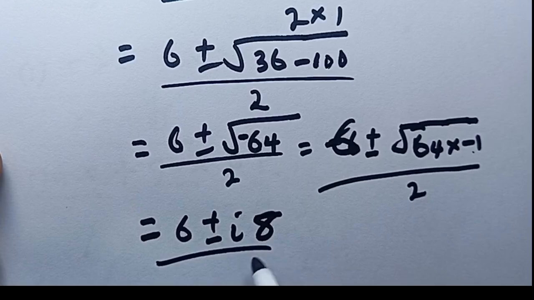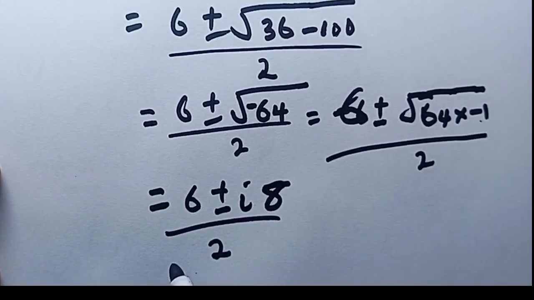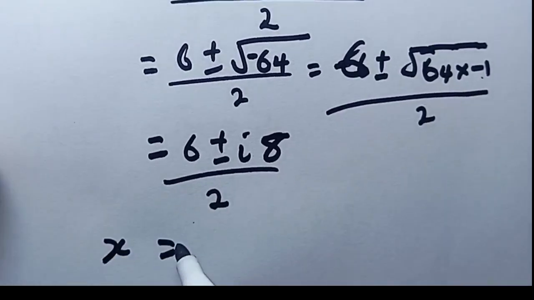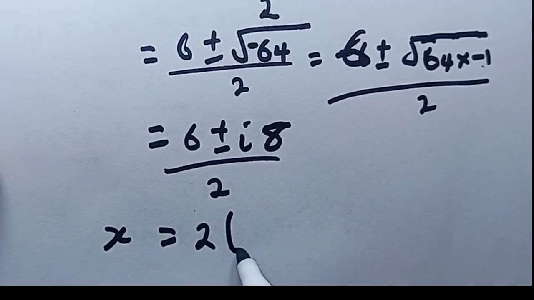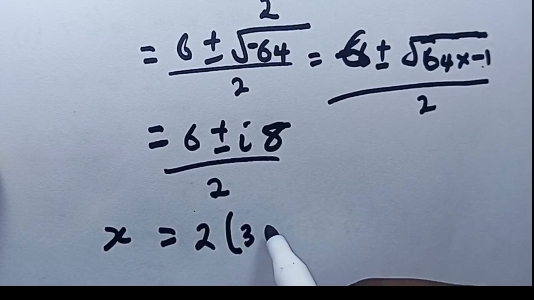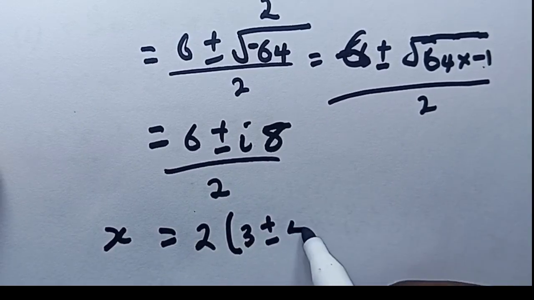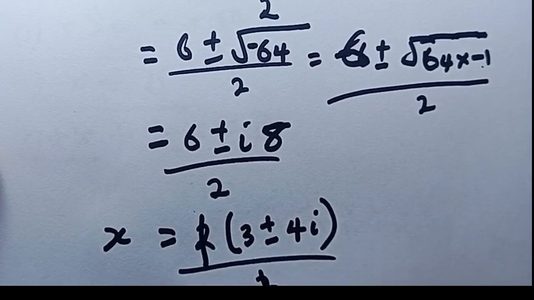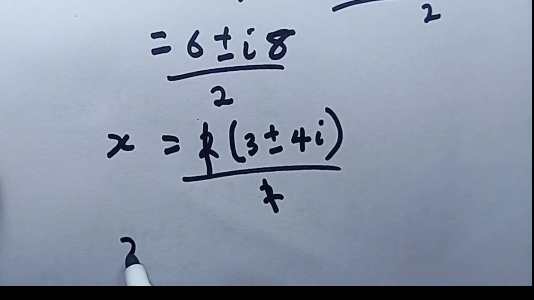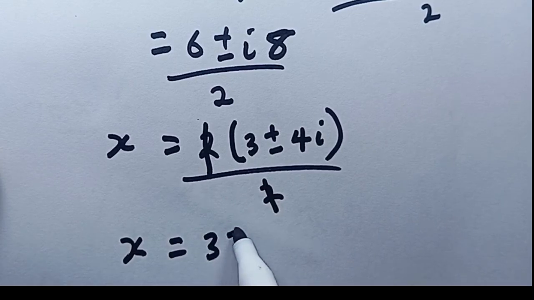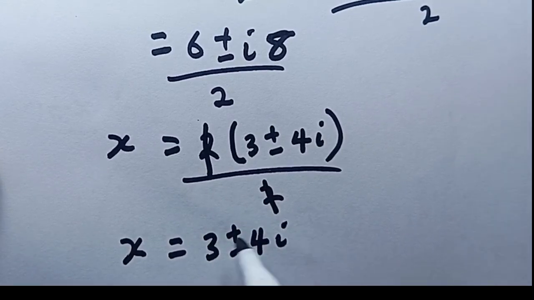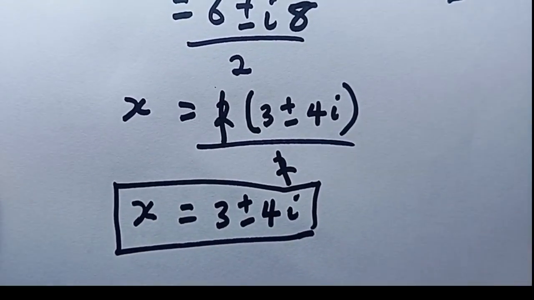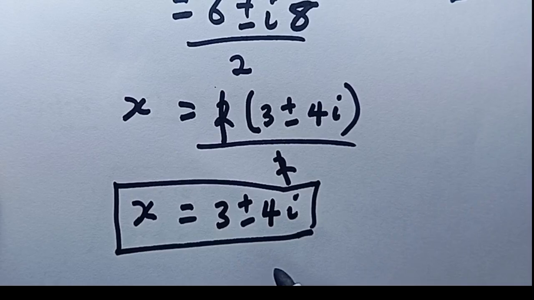So divided by 2, and then we can actually factor 2 out here, so that x is now equal to 2 into 3 plus or minus 4i, divided by 2, and these 2 can actually cancel, and then finally x is equal to 3 plus or minus 4i. So this is now going to be the complex value or the solutions to the problem we just solved.